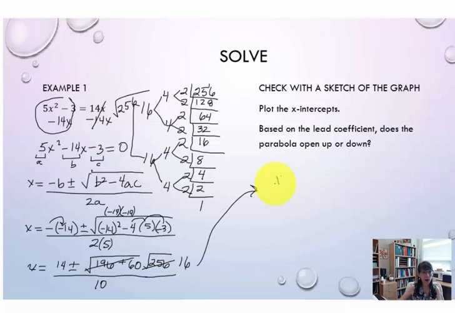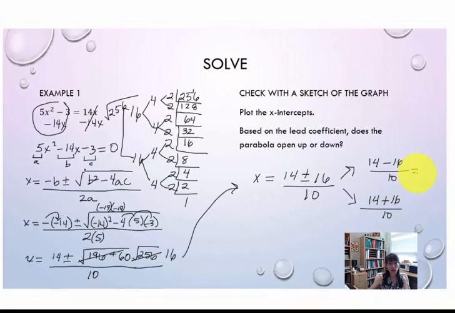So what we have for x values would be 14 plus or minus 16 divided by 10. Now we can break this apart with the plus and minus symbol so that we would end up with 14 minus 16 divided by 10, and our other solution would be 14 plus 16 divided by 10.